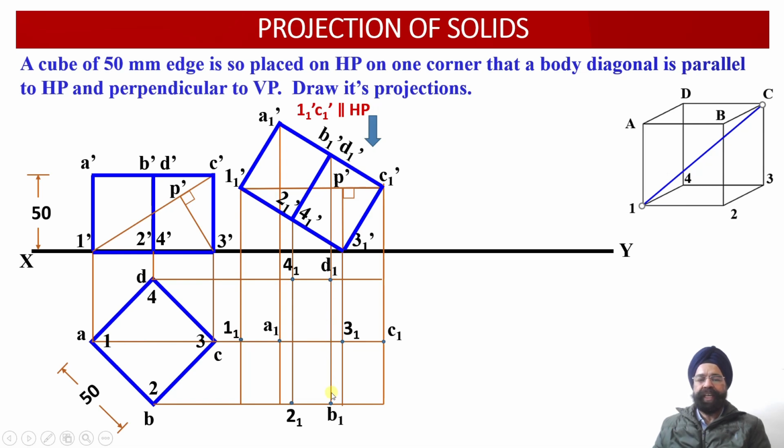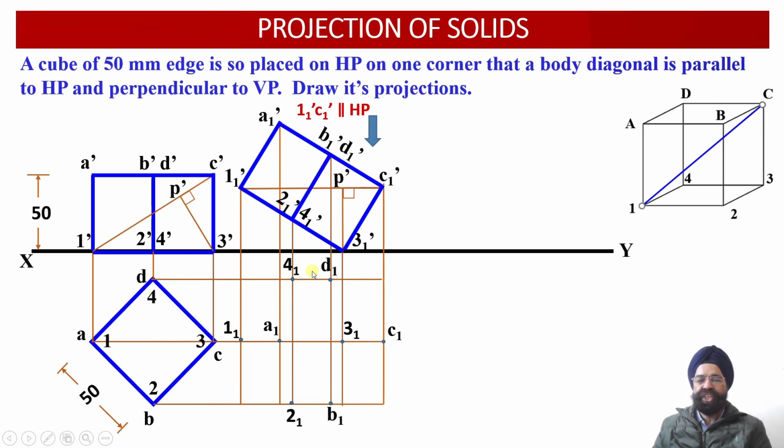Wherever this vertical projector line intersects with this horizontal line drawn through the point B, we obtain the point B1. Wherever we obtain the intersection of this vertical line drawn through the point 2-1 dash with this horizontal line drawn through the point 2, we obtain the point 2-1 over here. So all the 8 points, that is 1-1, 2-1, 3-1, 4-1, A1, B1, C1, D1, have been obtained.